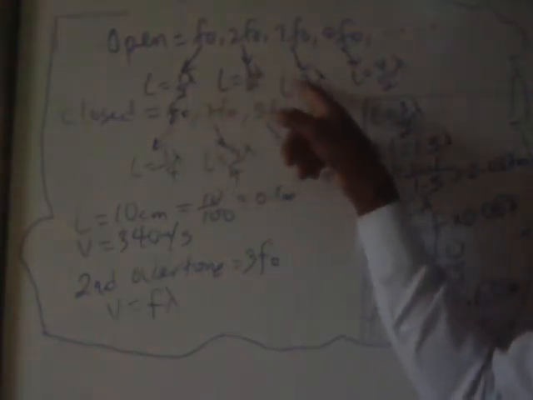Now they said calculate the frequency of the second overtone. This is the first overtone and this is the second overtone, with half lambda, 2 over 2 lambda, and 3 over 2 lambda. So we would go back and multiply by 3. But for the fact that we used 3 over 2 lambda, that 3 over 2 lambda has catered for this 3.